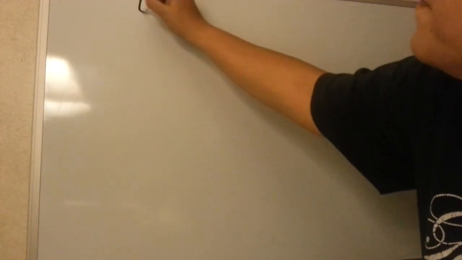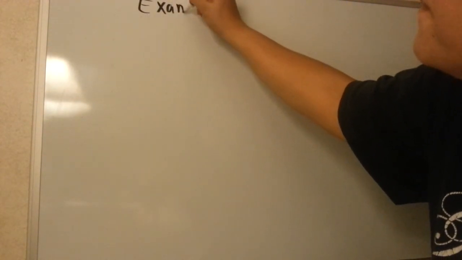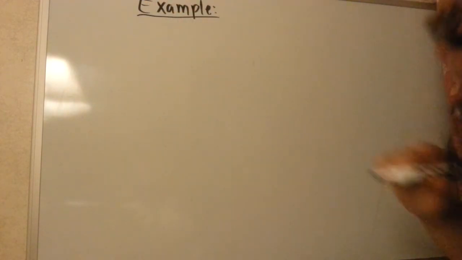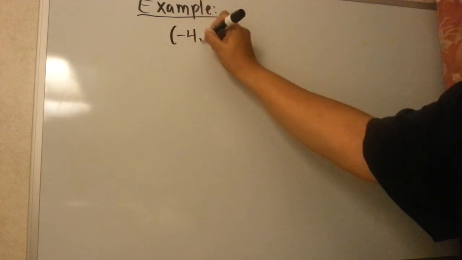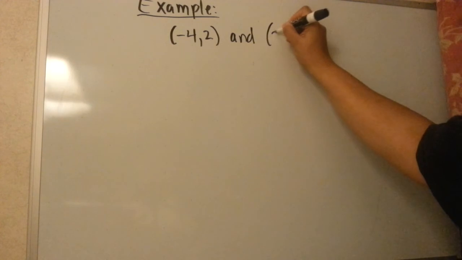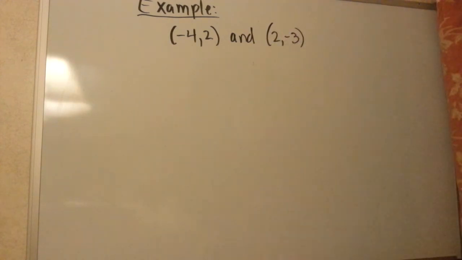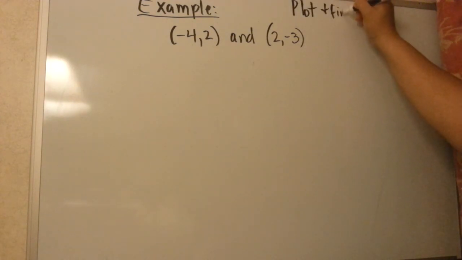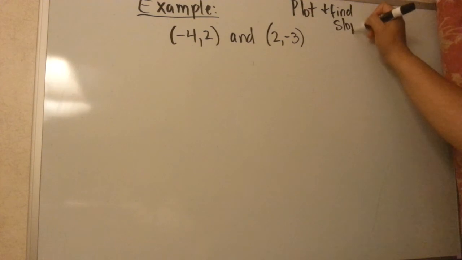So, for example, let's say you have -4, 2 and 2, -3. And I say plot this line and find the slope. So plot and find slope.